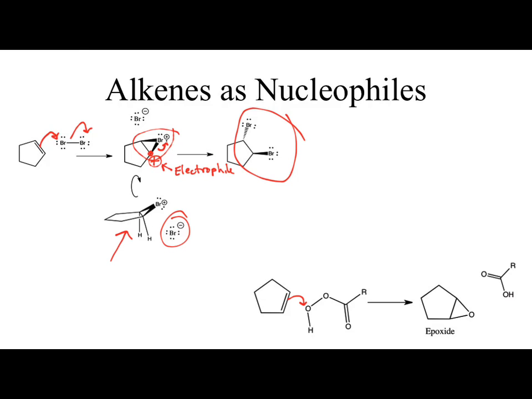So we could go ahead and take the electrons over here and swing them towards our oxygen. Now that carbon has too many bonds, so we can send some electrons up to that oxygen. That oxygen is now negatively charged, so we can share those electrons with that hydrogen. These electrons can swing down, and we end up with a giant mess of arrows forming our epoxide.